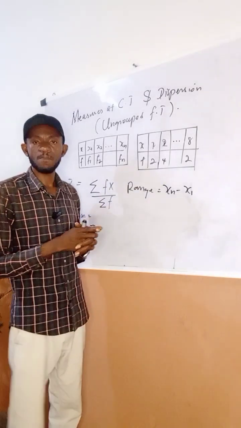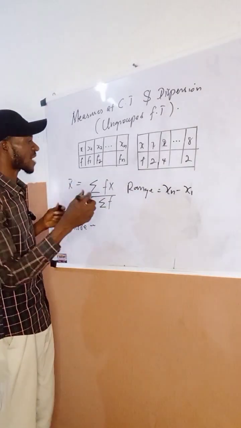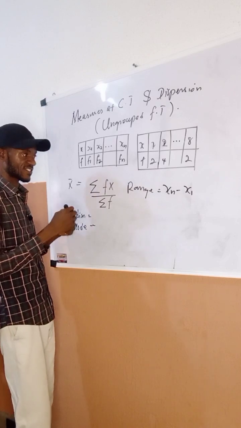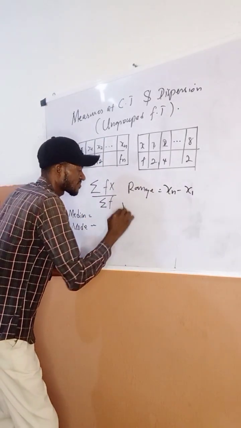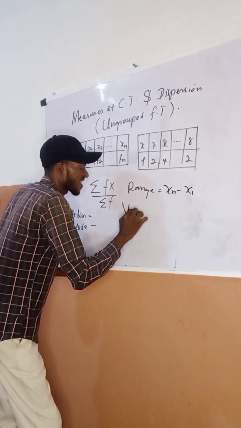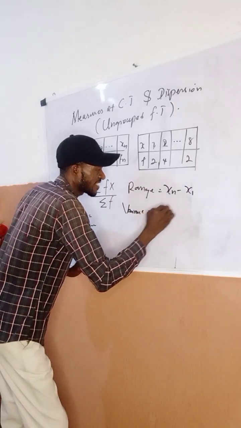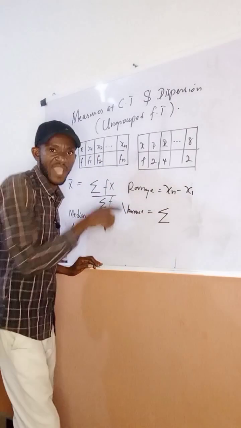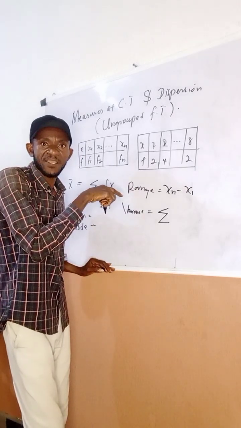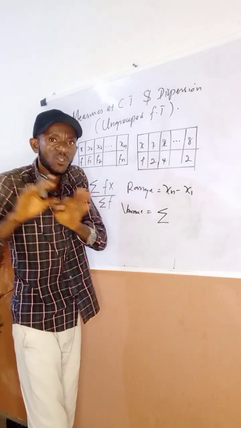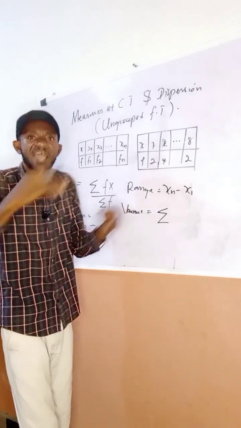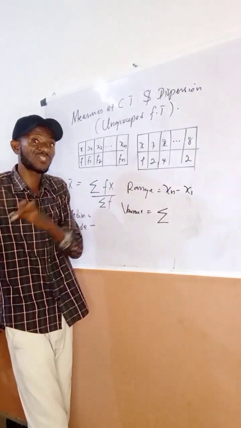Your range is the last observation minus the first. And then we talk about the variance. We are going to write the formula for the one we consider non-computational, and the formula for the one we consider computational.